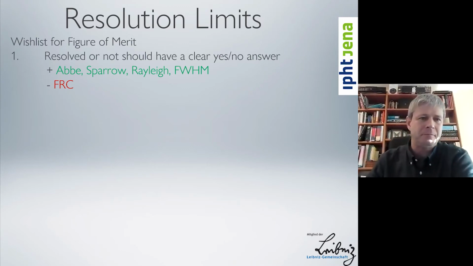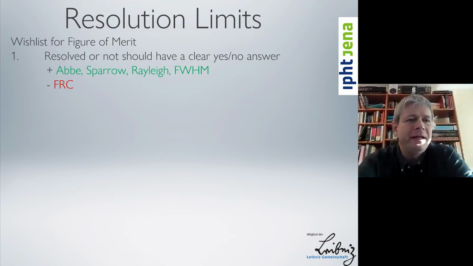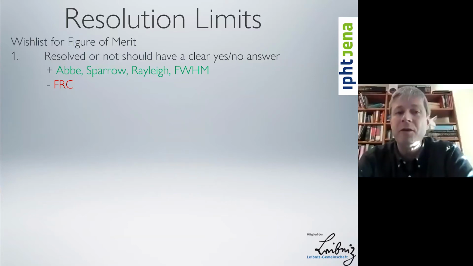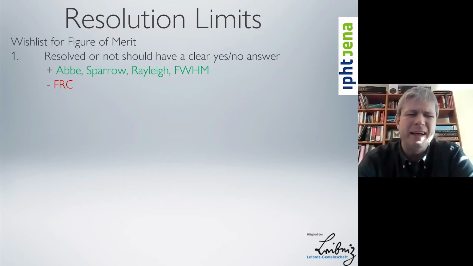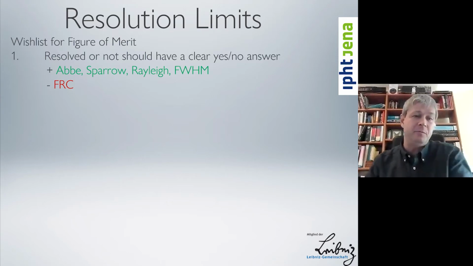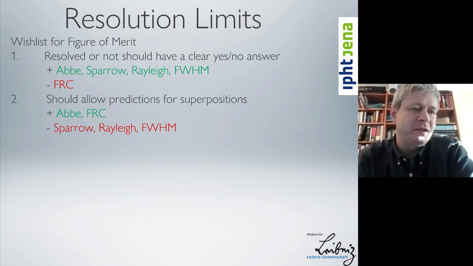And my wish list would start with saying, okay, if we want a resolution limit, we want a clear prediction, a clear answer whether something is resolved, yes or no. And it shouldn't be like almost resolved or something like this. It's nice if you have a clear-cut answer. And that's the case with Abbe, Sparrow, and Rayleigh, but not really with the FRC because it's just a curve.